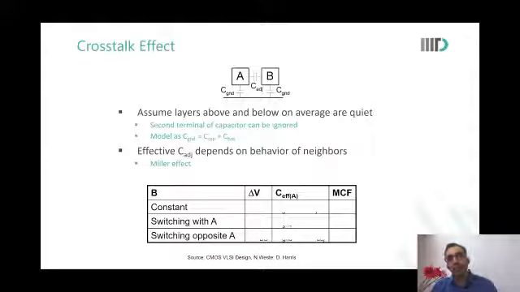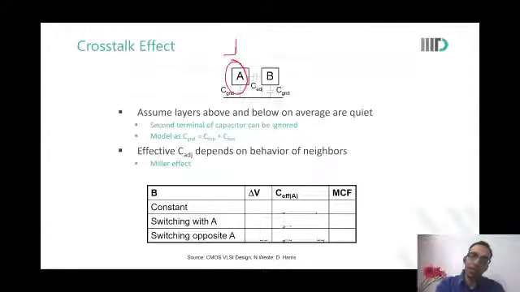But in reality, our signals toggle. That is where we will be able to give stimuli or test our circuits. So let us say there's this wire A and this wire B, and wire A goes from 0 to 1. Wire B at the same time wants to go from 1 to 0.